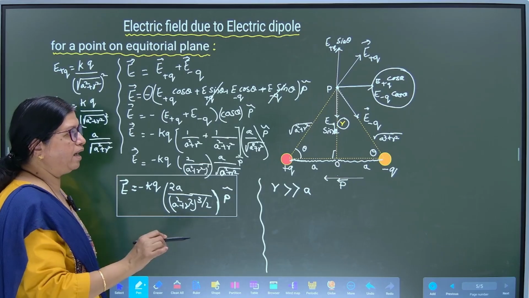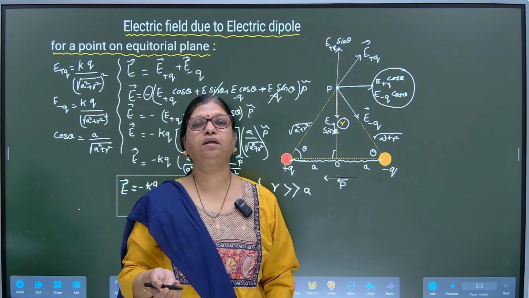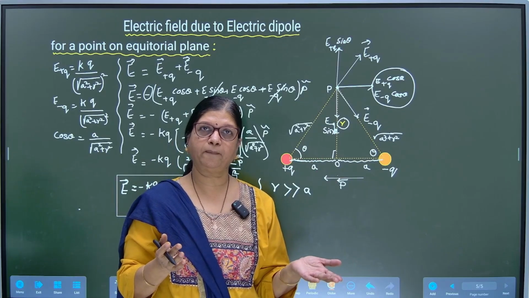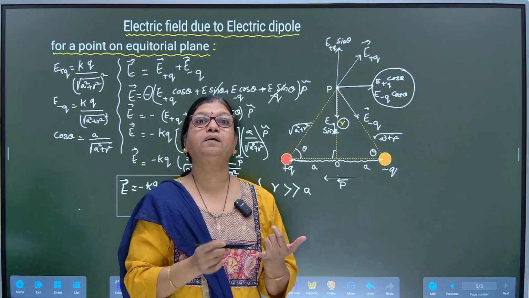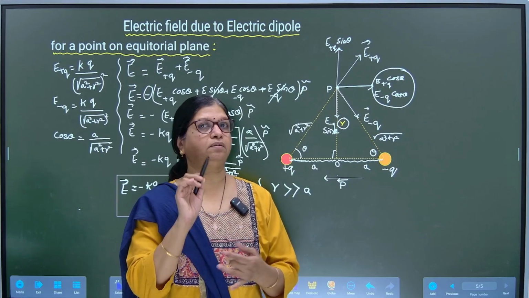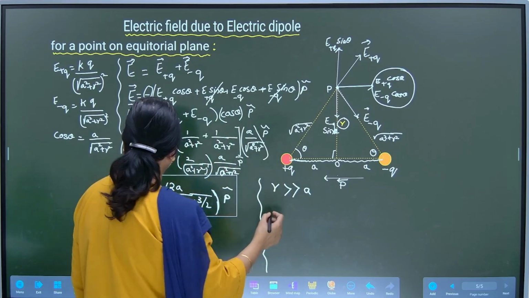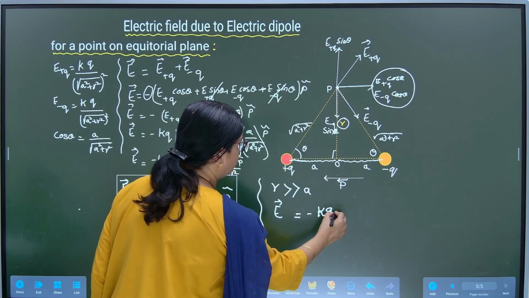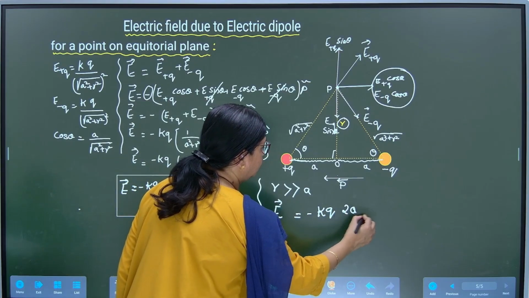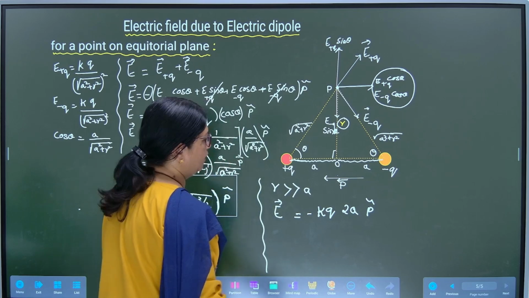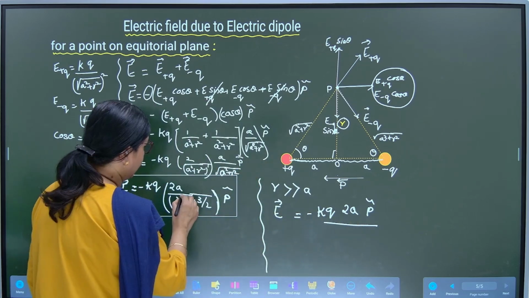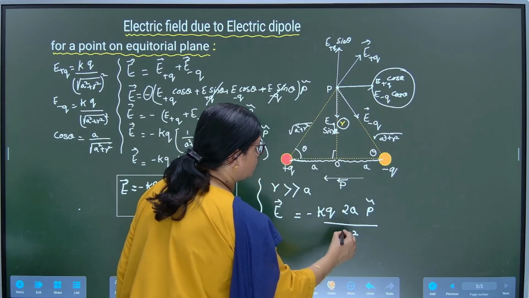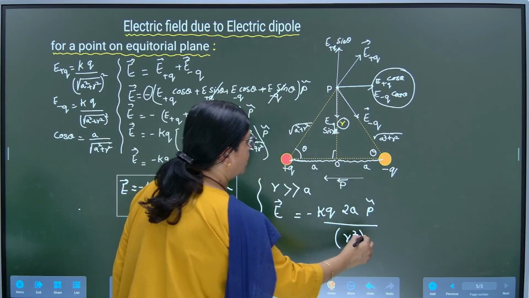Fine. A is there definitely because we have taken the electric dipole itself with two charges at a distance 2A, so A is there. So neglect A in comparison to R in the denominator, not in the numerator. Keeping that condition in mind, E is equal to negative KQ 2A P cap divided by, I am neglecting A square from the denominator, so I have only R square.